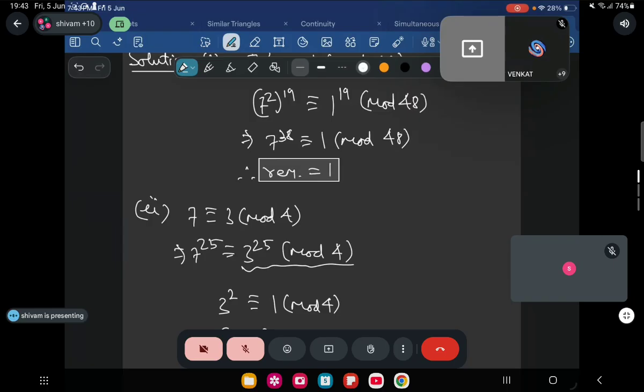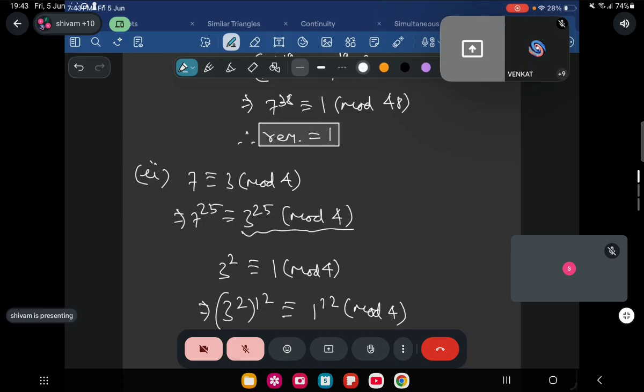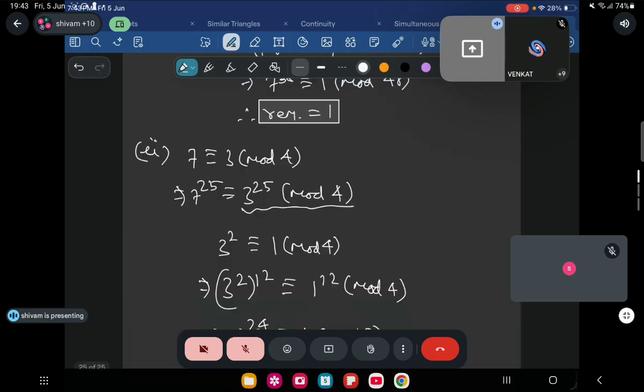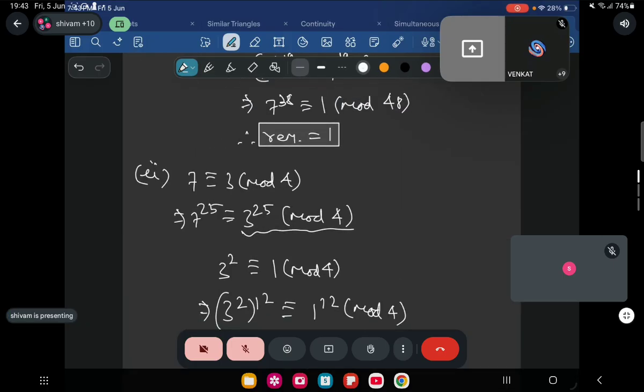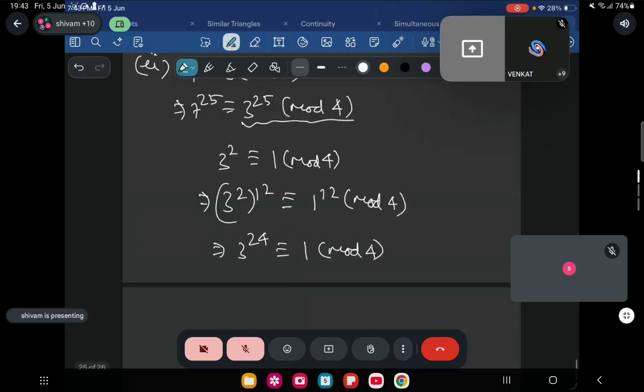We'll get 3 to the power 24 is congruent to 1 mod 4. Right. How many 3s are required? Sir, one 3. One 3 is required. So 3 to the power 25 is congruent to 3 mod 4. Therefore the remainder is 3.